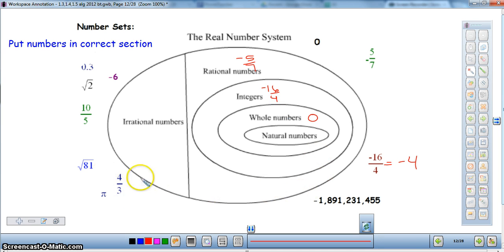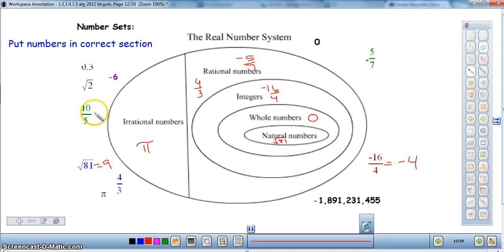If we are looking at 4/3, 4/3 is a rational number. It's going to end up being repeating. Pi. Never repeats, never ends. Very irrational. Square root of 81, it's a perfect square. 9. 9 is a natural number. It's a whole number. It's an integer. It's a rational. The most specific one we would put square root of 81 is a natural.